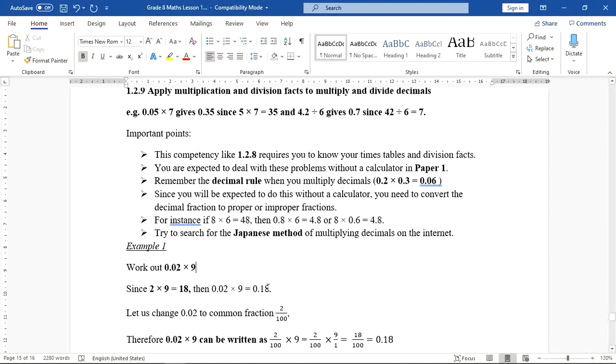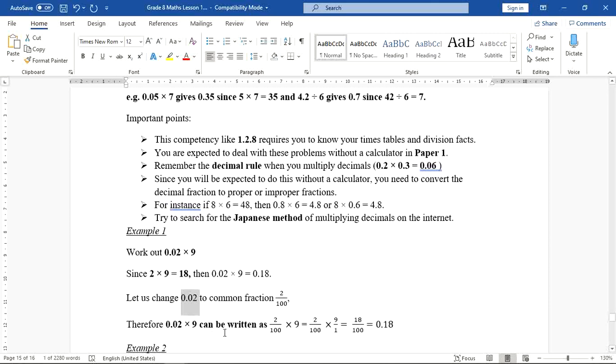Okay, let us change this to a common fraction, 2 over 100. So 0.02 is 2 over 100. If we do that, we are going to have 2 over 100 times 9. Every time you're multiplying a fraction with a whole number, you can write the whole number as over 1, because 9 divided by 1 is just 9 anyway.